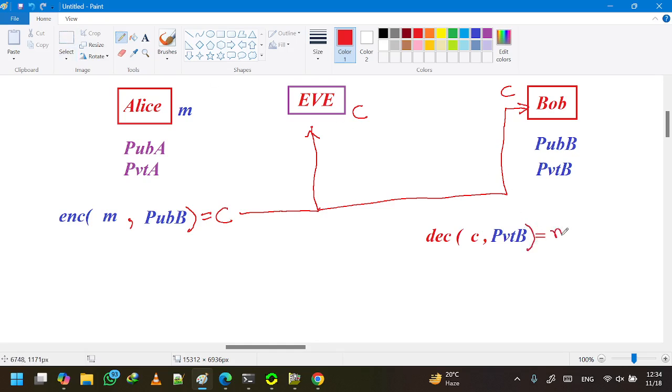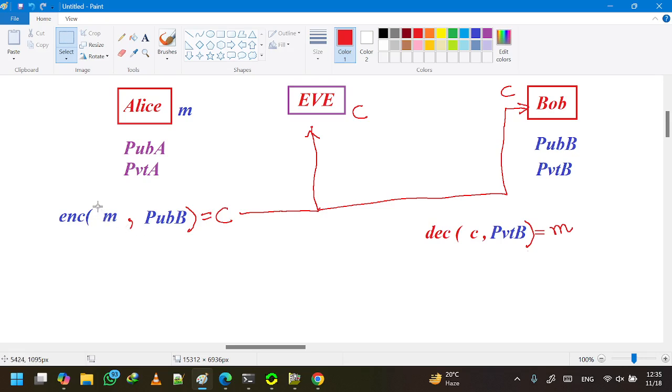Decryption with this private key will reveal the message M. So Evil Eve will not be able to perform this operation because the private key of Bob is not known to Evil Eve.